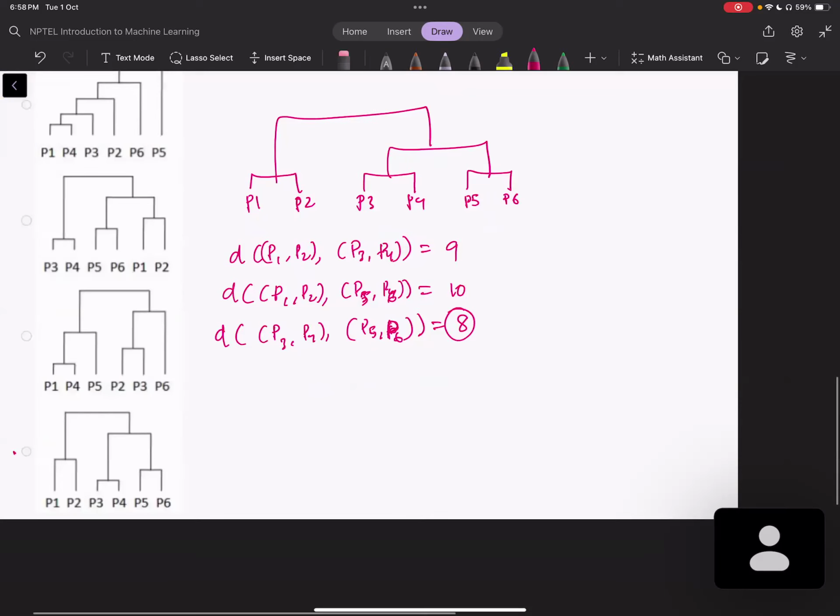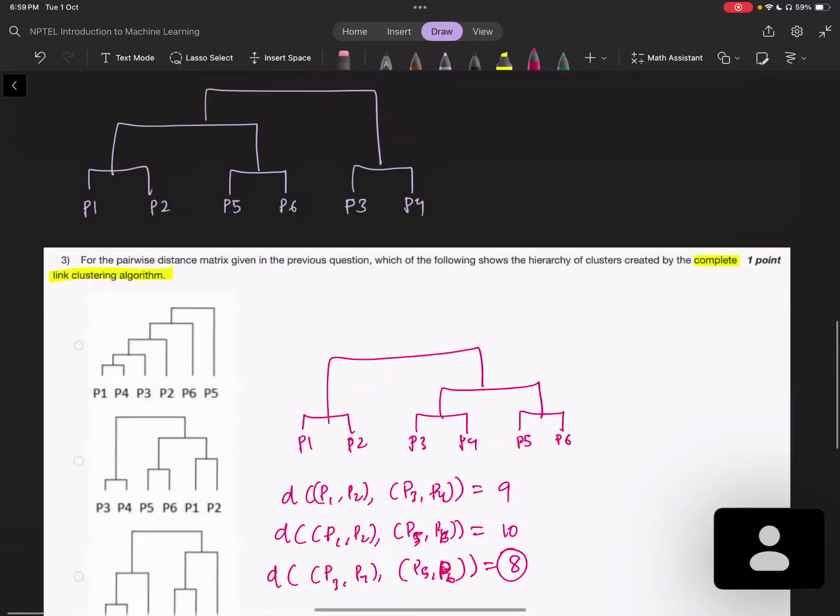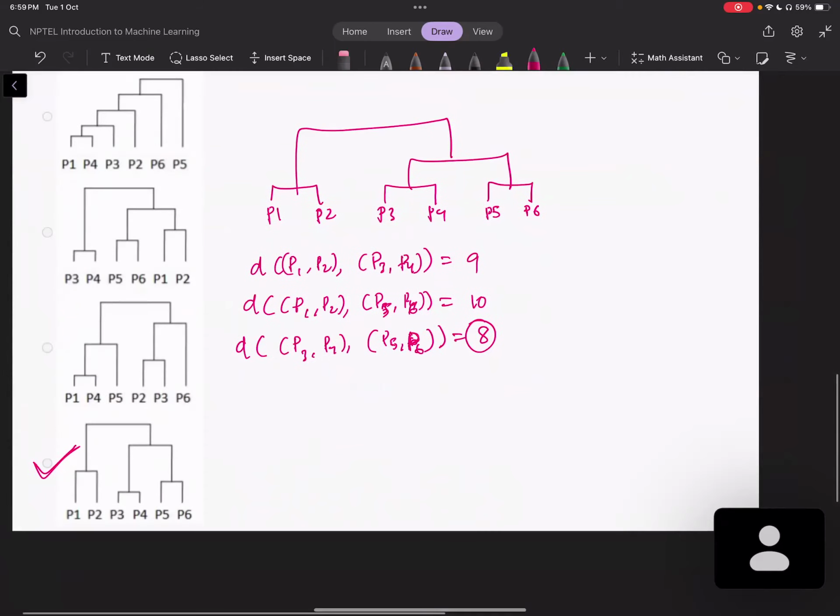Then D should be the correct answer, right? But in the solution they gave me, B is the correct answer, and I don't have any explanation for that. B is the same as the previous one. I'll try to find the explanation for that, because it's just the answer. But ideally it should be D.